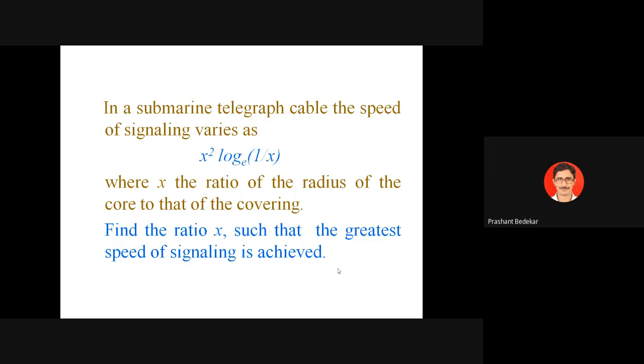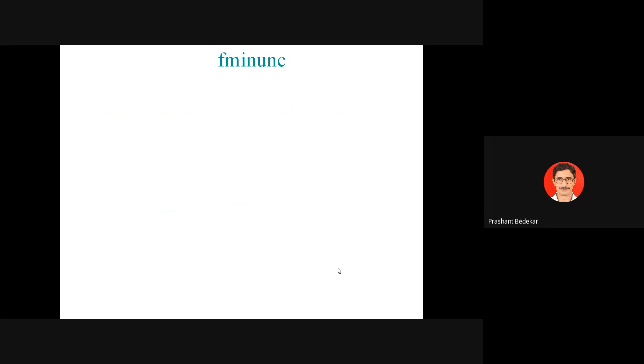For this type of problem, the function that is to be used is fminunc. F is for function, MIN is for minimization, UNC stands for unconstrained, UN and C for constraint. Unconstrained minimization. fminunc.